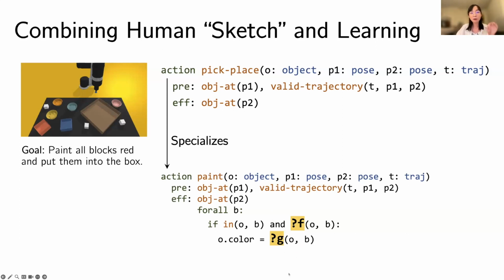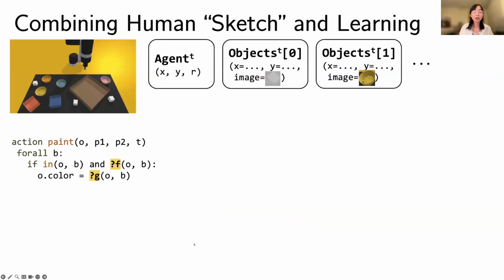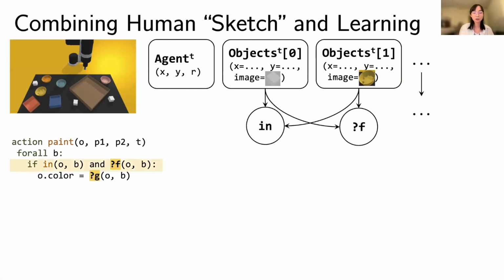So how can we combine this kind of sketch with learning? The high-level idea is I want to translate those kinds of symbolic programs into an actual computation graph. So given the current state composed of object poses and also agent position and also visual perception from the objects, the first thing we're going to do is evaluate those classifiers between the object O and each other object for both in and this question mark F classifier.